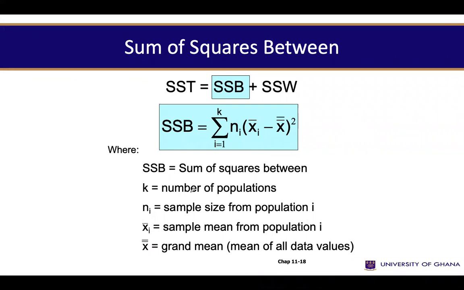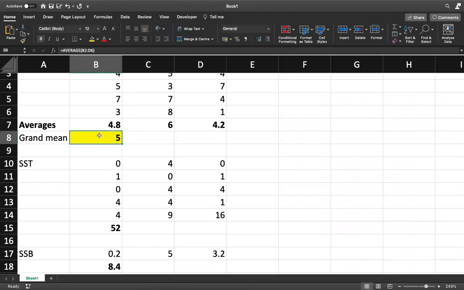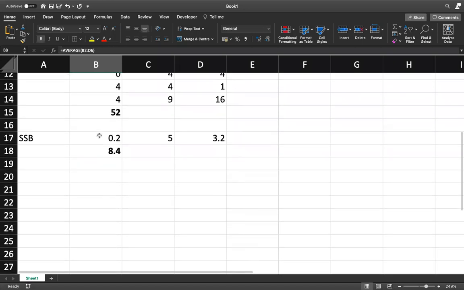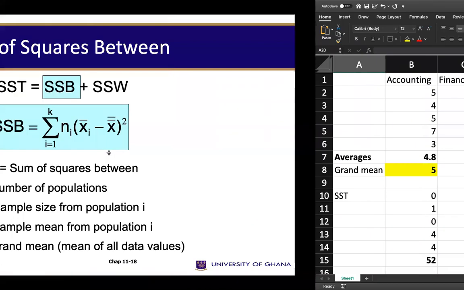The SSB is interested in identifying how each of the individual group means differ from the grand mean. Now, move on to the SSW.